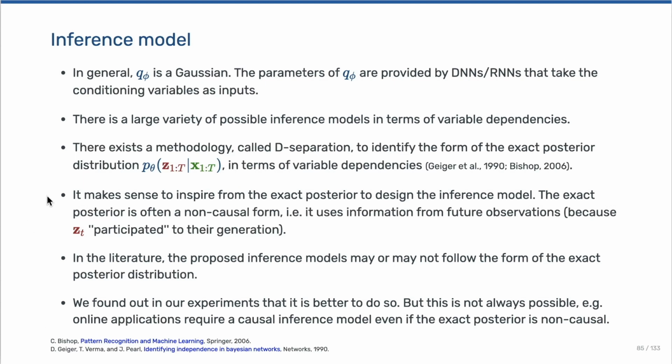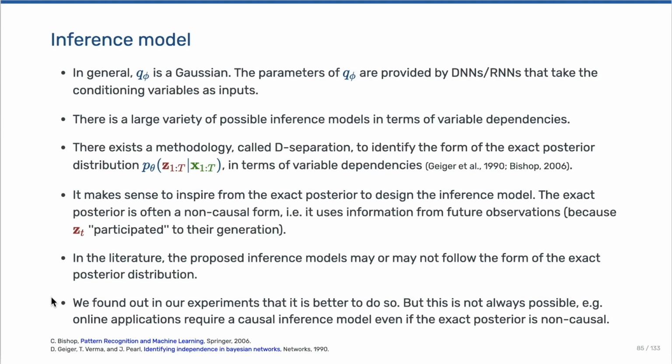What is important here is that it makes sense to take inspiration from the structure of the exact posterior to design the inference model. The exact posterior is often of non-causal form, that is, it uses information from future observations because zt participated in their generation. We have remarked that in the literature, the proposed inference models may or may not follow the form of the exact posterior distribution.